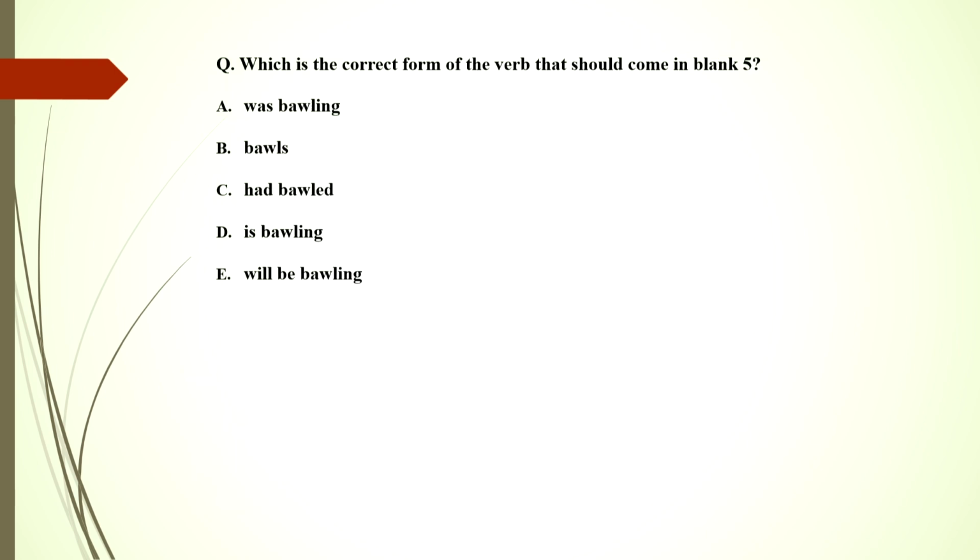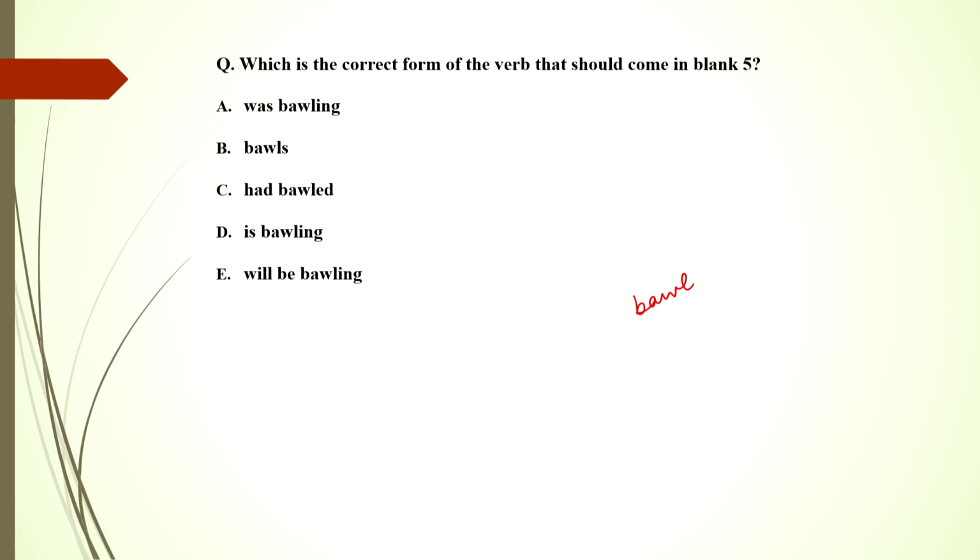Fine. Now, next question. Which is the correct form of the verb that should come in blank 5? So, again, on reading the passage, it is clear that we have to use the past continuous tense of the verb cry. That is, was crying. Past continuous tense is used to describe an action which was in progress when another action took place.